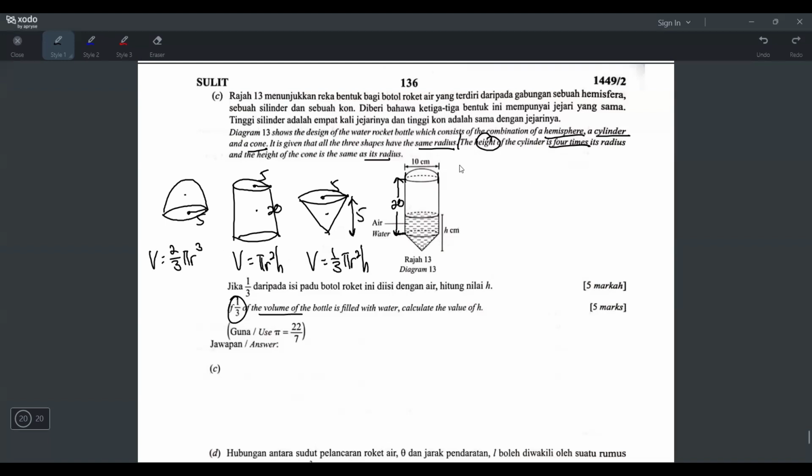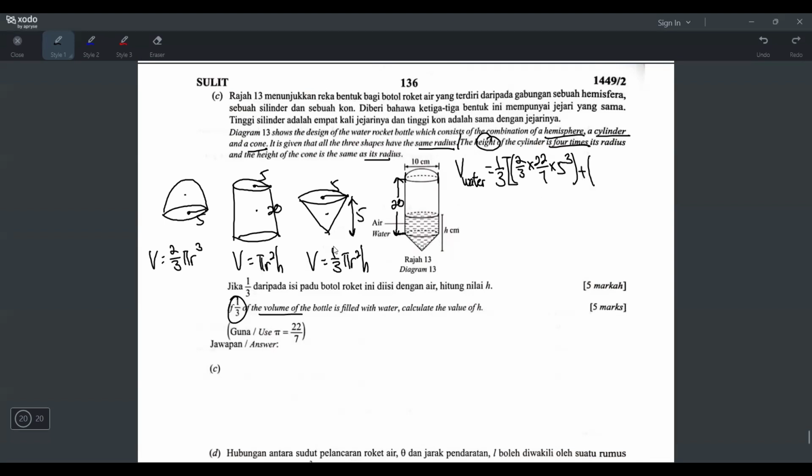I will write here, volume of water equals 1/3 times the volume of hemisphere, which is 2/3 times pi, 22/7, times r squared. I mean r cubed. r is 5, that's the radius. This is the volume of hemisphere, plus.